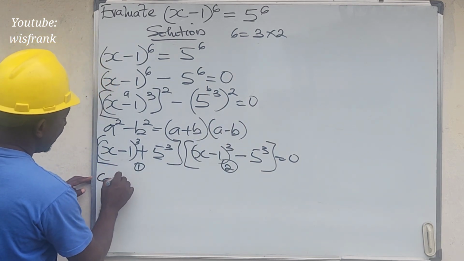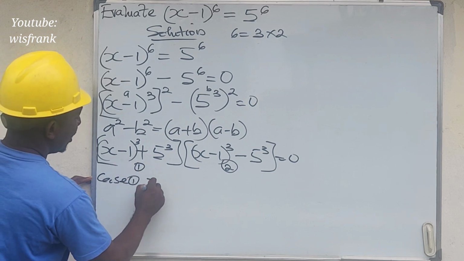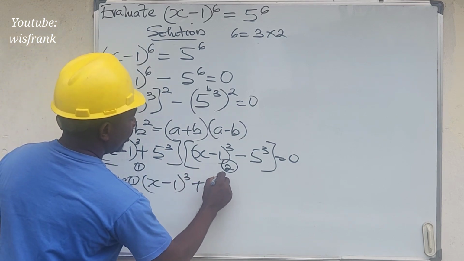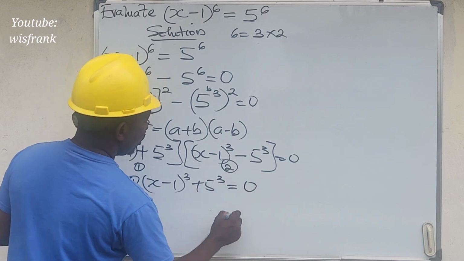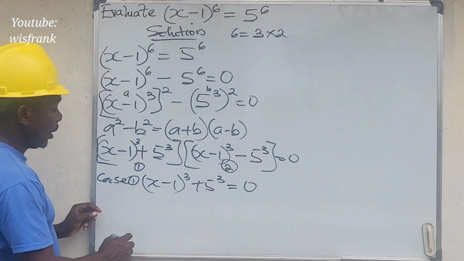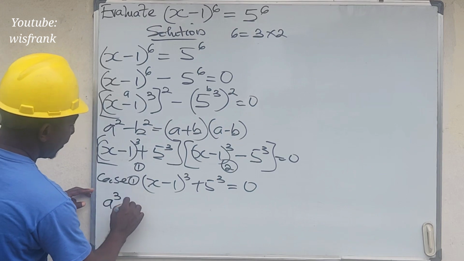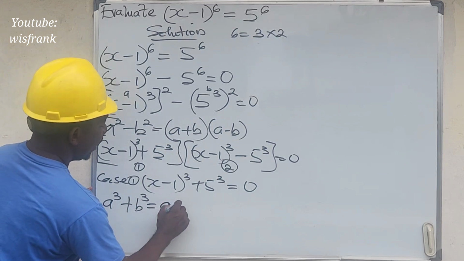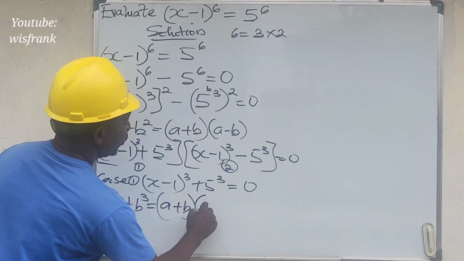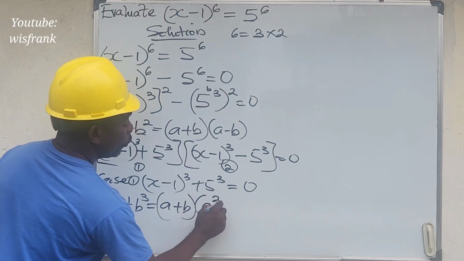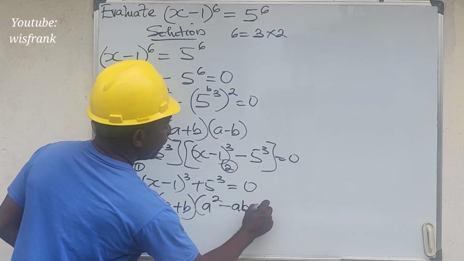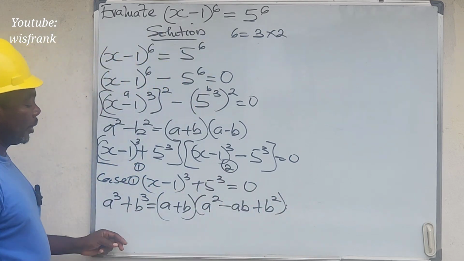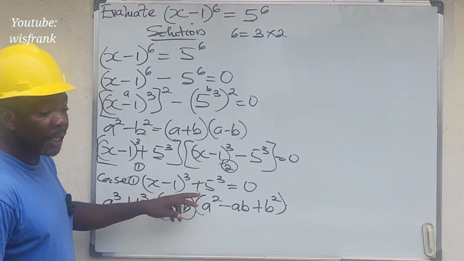Then from case 1, we have (x − 1)^3 + 5^3 = 0. So here is in the form a^3 + b^3, which equals (a + b)(a^2 − ab + b^2) = 0. Now we are going to express this in this format.